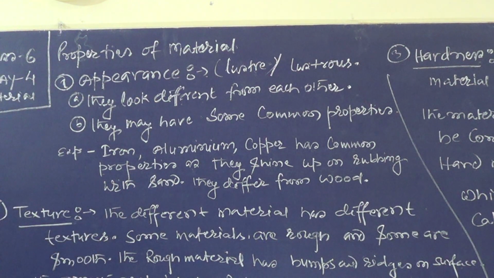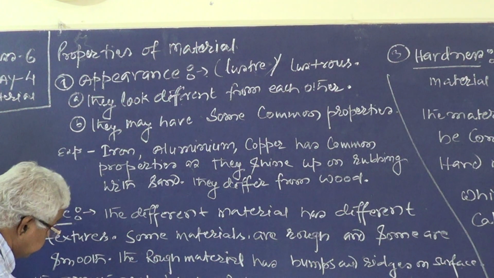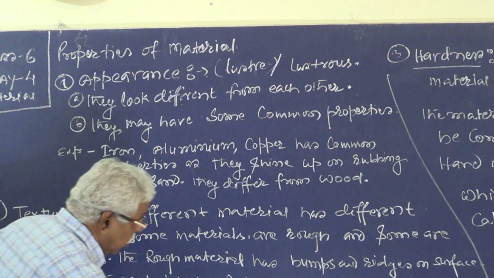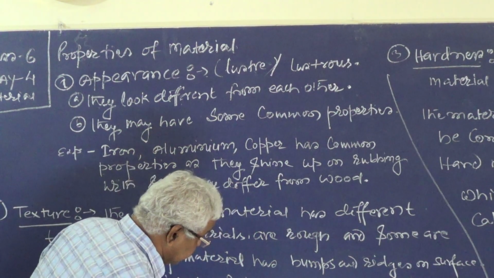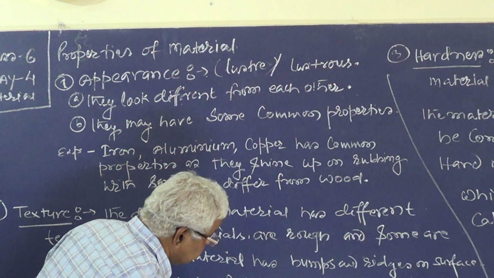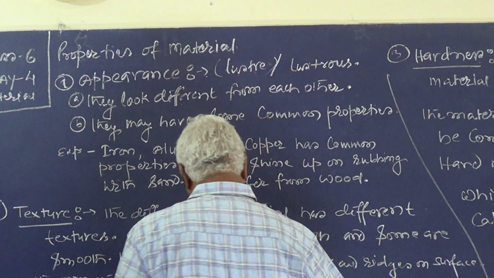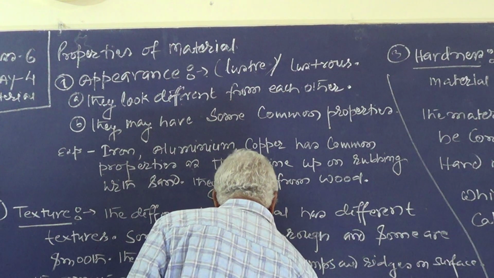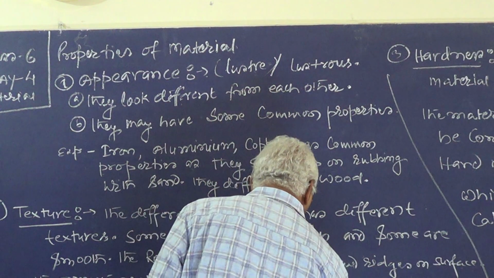Texture. Luster: you may write the property luster. Definition. Luster is the ability of a material to shine.